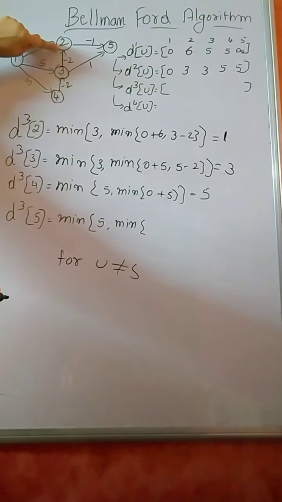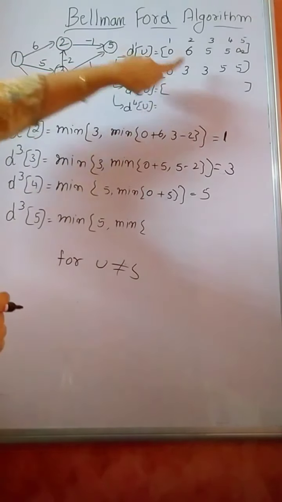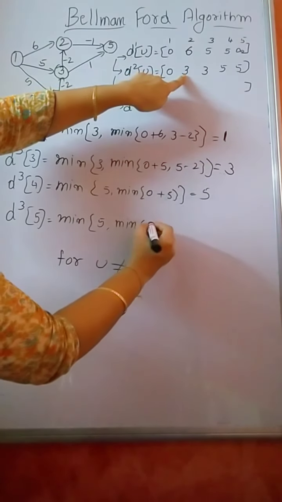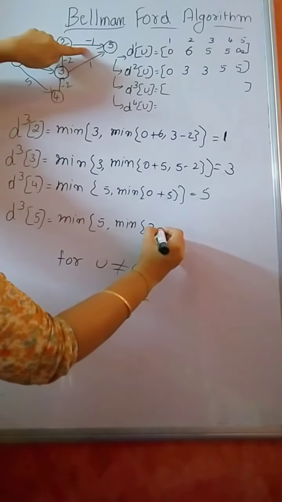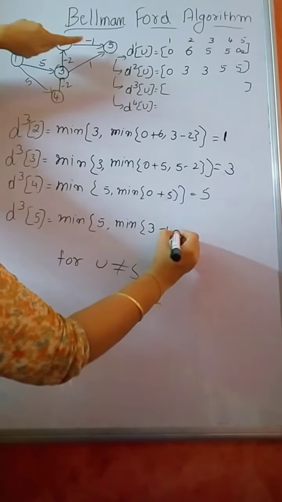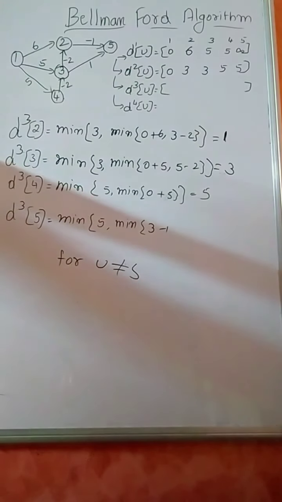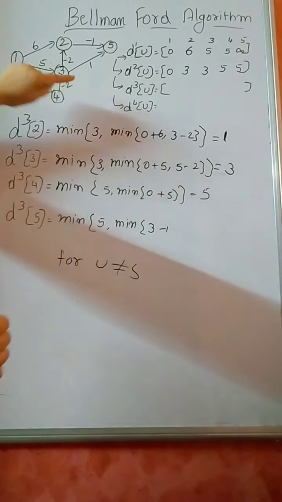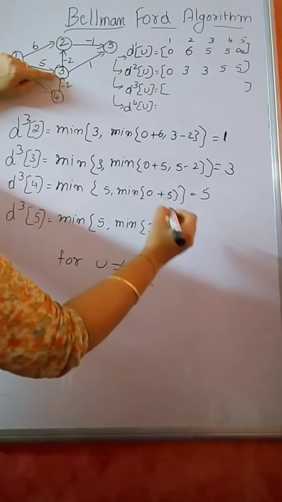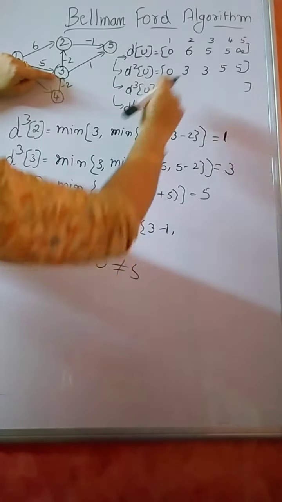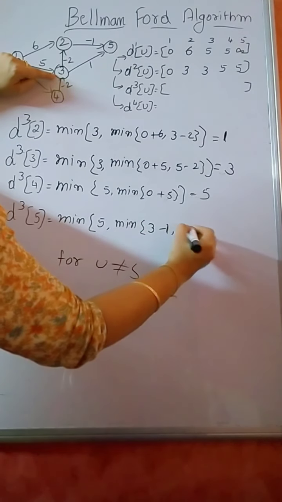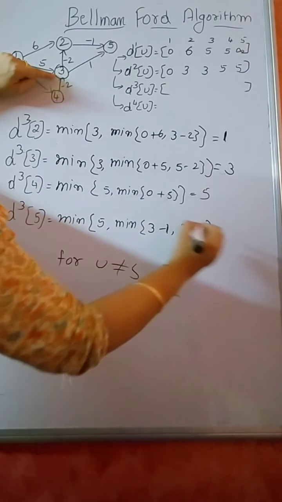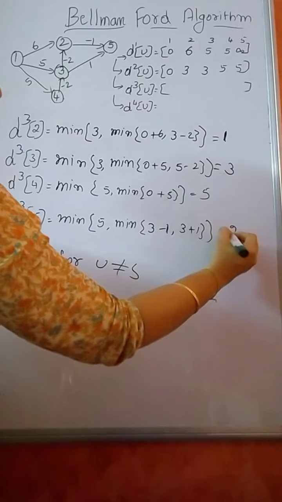What is the previous distance to 2? Previous distance to 2 is 3. So it is 3 minus 1. Okay. What is the previous distance to 3? Previous distance to 3 is 3. So it is 3 plus 1. So it is 4. So it is finally 2.